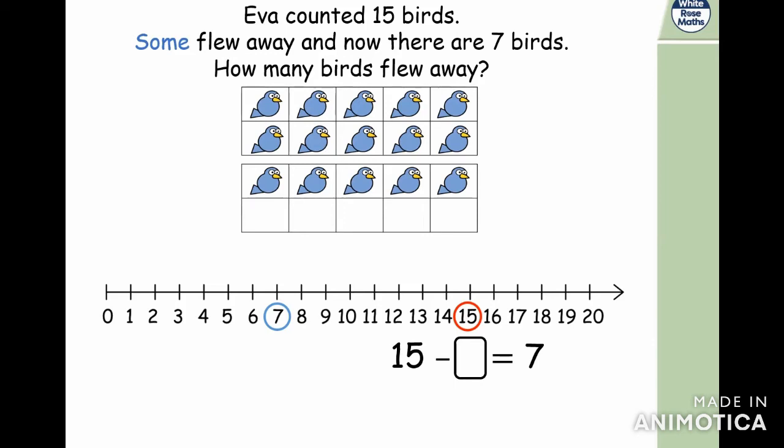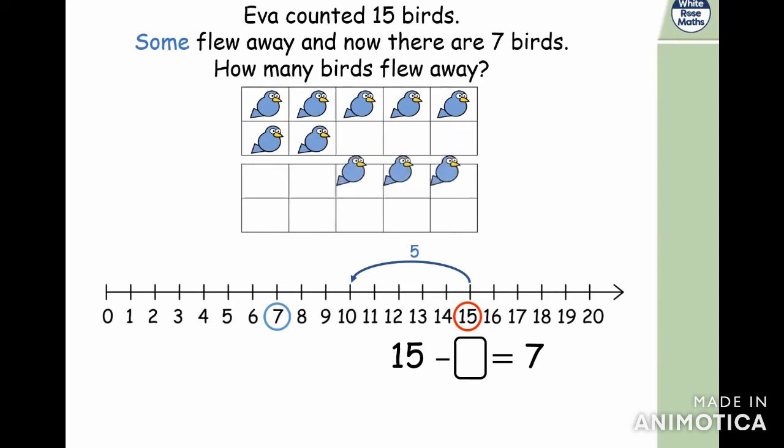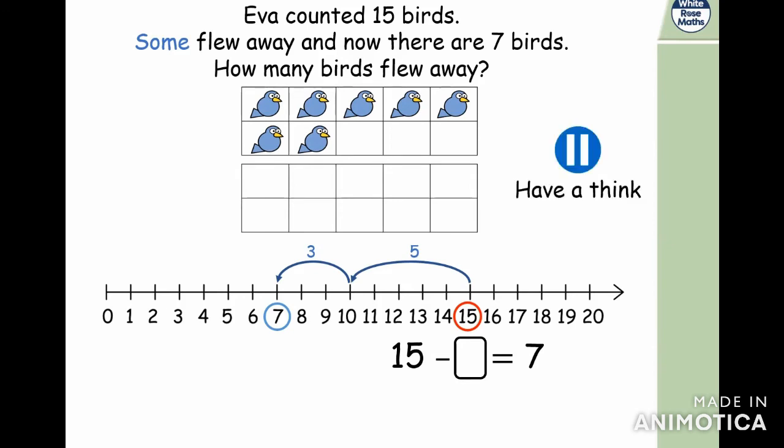So let's jump to the nearest 10. So we're starting at 15, and we'll get rid of 5 to start with, and that's a jump to the nearest 10. We're trying to get to 7, aren't we? So we need to do a jump of 3 to get us to 7. So the answer then is... Pause the video to have a think. 7?